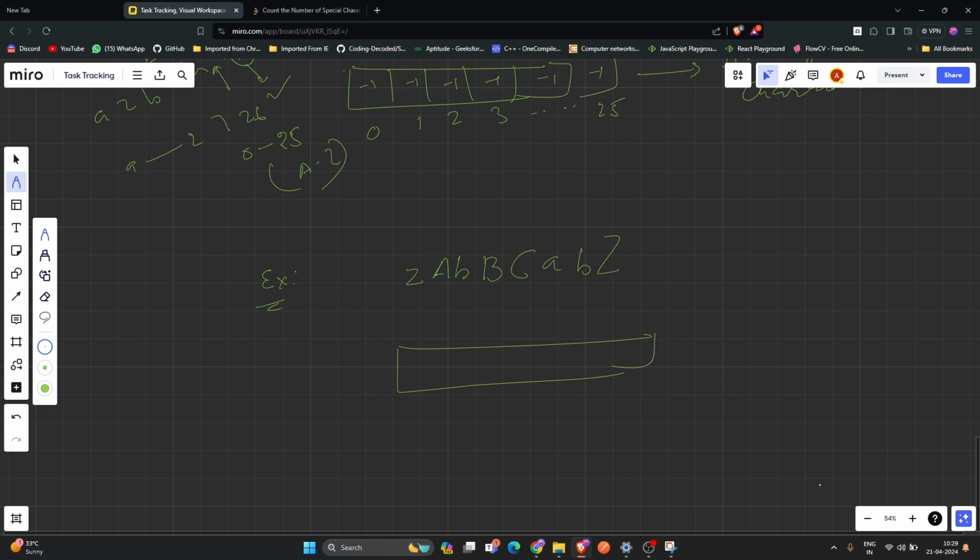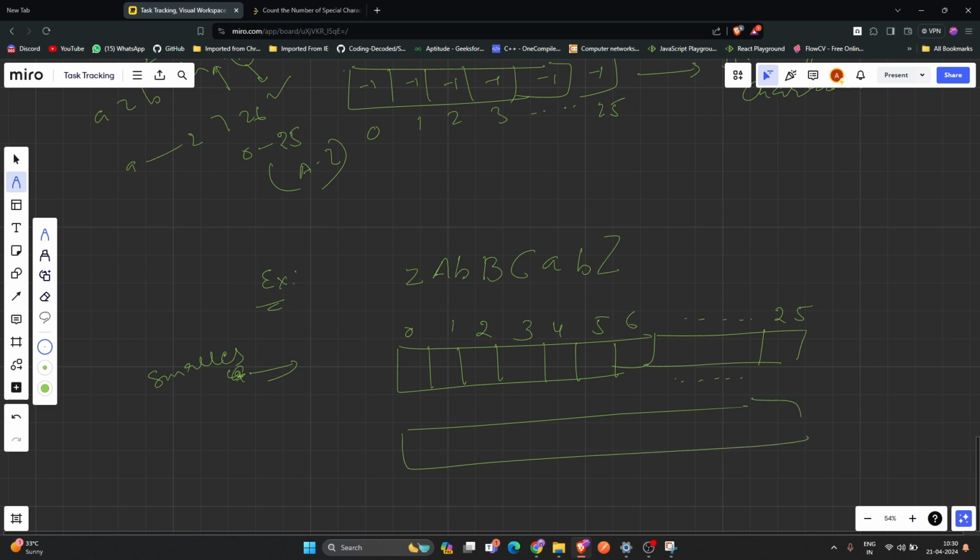So I'm making the array, with indices 0, 1, 2, 3, 4, 5, 6, and so on till 25. This is for lowercase. I'm naming this array as smaller. And let's take another array.